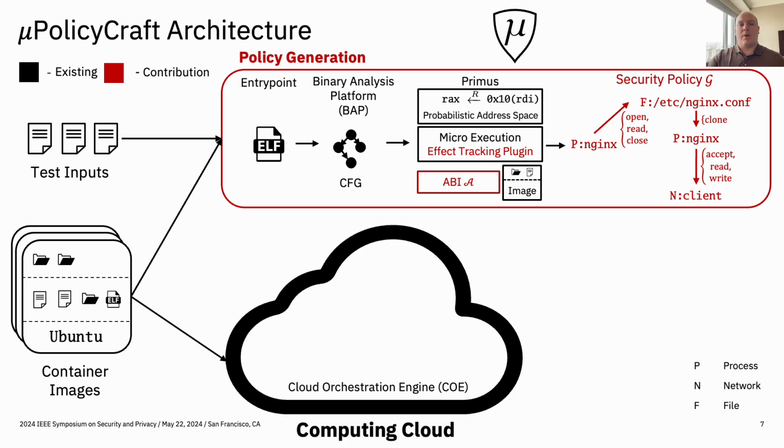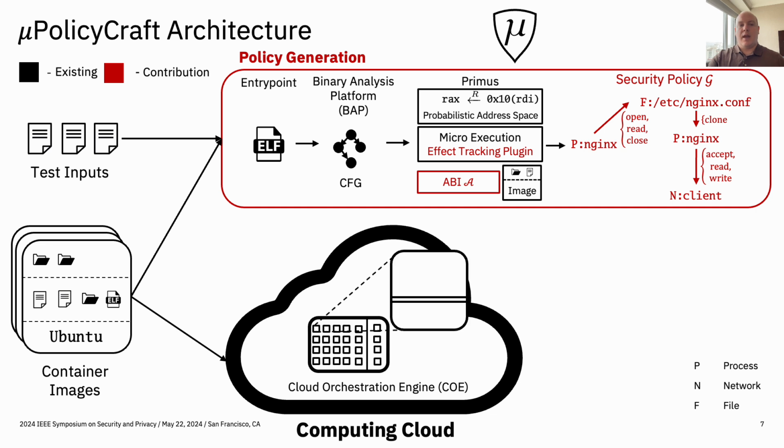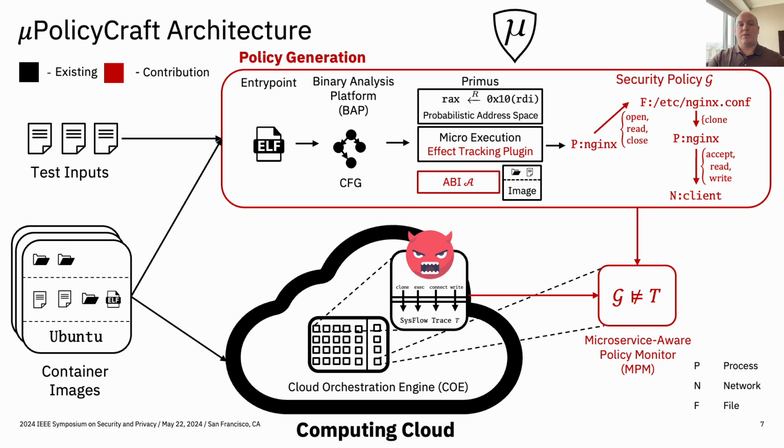We then run the container images as normal within a cloud orchestration engine, and if at runtime one becomes compromised, say by a remote adversary who begins issuing a series of malicious system calls, the sysflow telemetry system then produces a lightweight syscall trace that a microservice-aware policy monitor consumes.